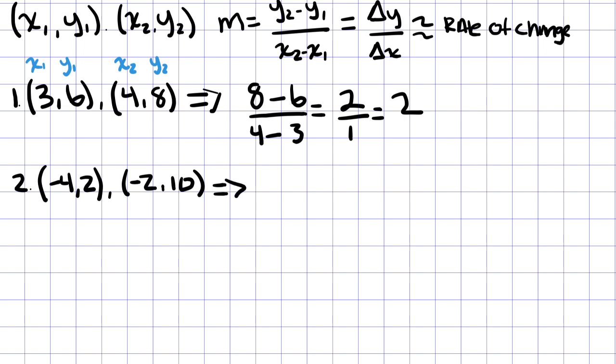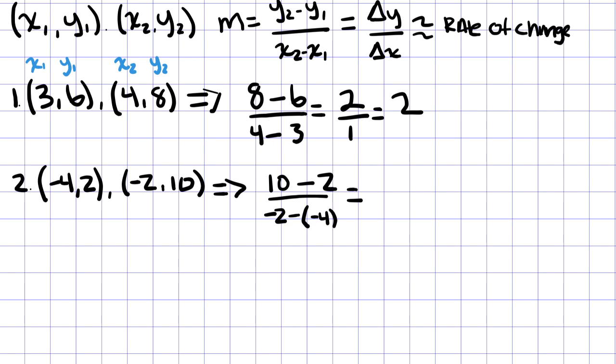Plugging this into our formula above, we have our y2, which is 10, minus your y1, which is 2, divided by your x2, which is minus 2, minus your x1, which is minus 4, and we'll put that in parentheses.